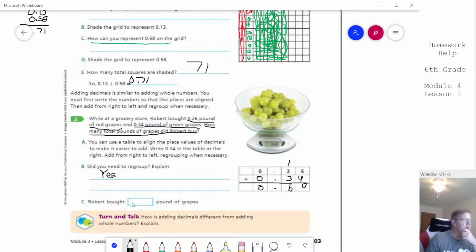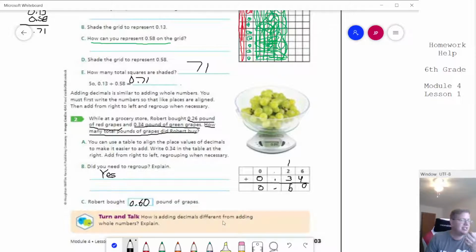And so we bought, for this problem, Robert bought 60/100ths. We could also drop this extra 0 off and say that we bought 6/10ths of a pound. But usually I'm not going to worry about dropping extra zeros off because that could cause some errors.